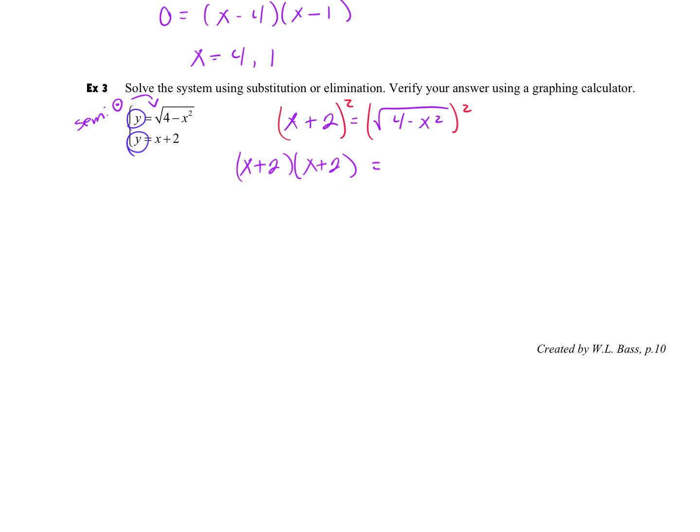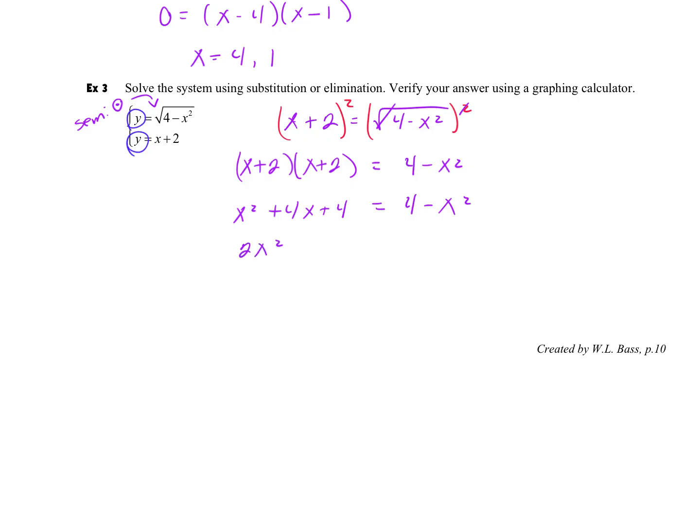The right-hand side is just going to cancel out that. This exponent is going to cancel the radical, so 4 minus x squared. Let's expand the left-hand side. x squared plus 4x plus 4 equals 4 minus x squared. Let's get everything over to the same side since I can see I've got some quadratics, so I'm going to move that over to the left-hand side.